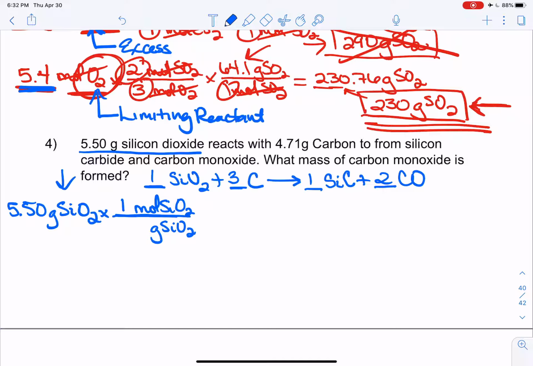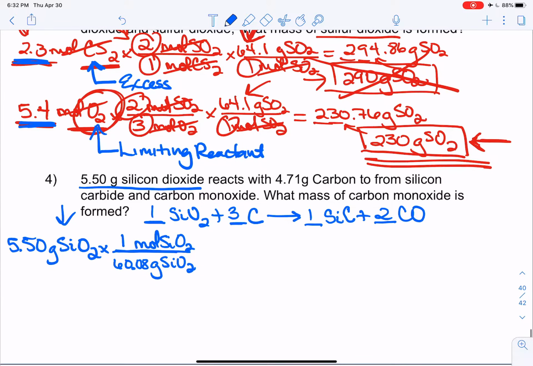And what we'll see is that you have 60.08 for that. And if you need to check my math, go ahead and pull out your periodic table and add up the silicon and 2 oxygens and wait a minute here.